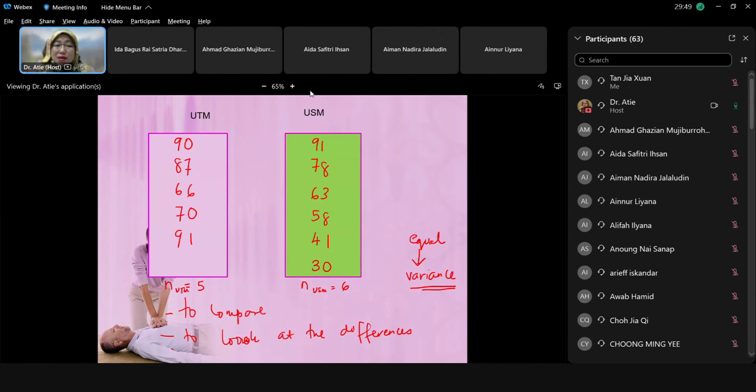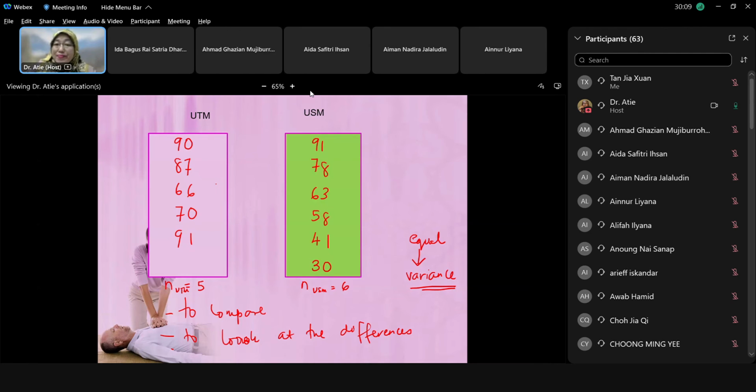So in our case, if we look at the UTM scores and also the USM scores, just by looking at these scores, we can see that it is quite unfair to compare these two groups.